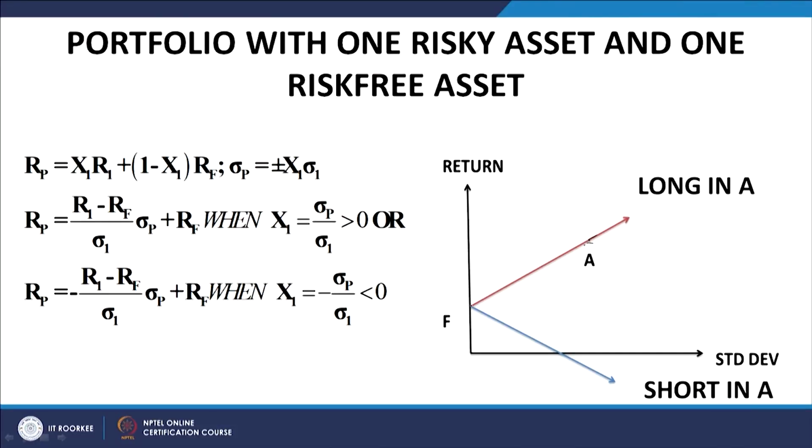This particular line from F moves sloping downwards. So, if we have two risky assets, the portfolio possibilities curve is a hyperbola, and if we have a risky asset and a risk free asset, the portfolio possibilities curve is no longer a curve, it is a straight line. Now, we modify it a bit.